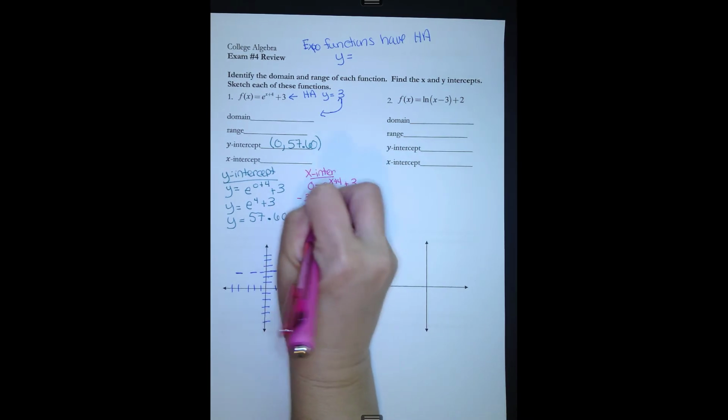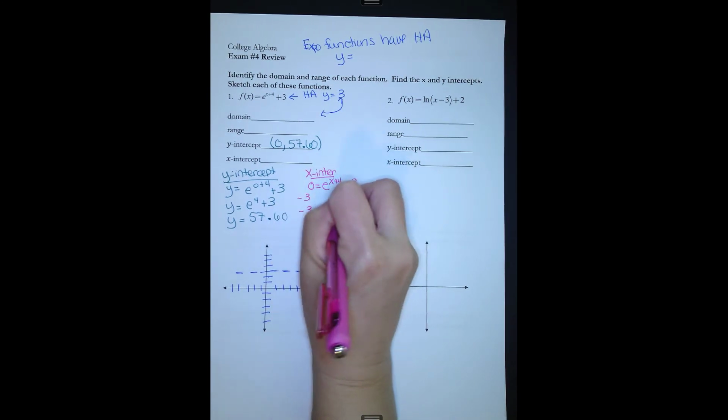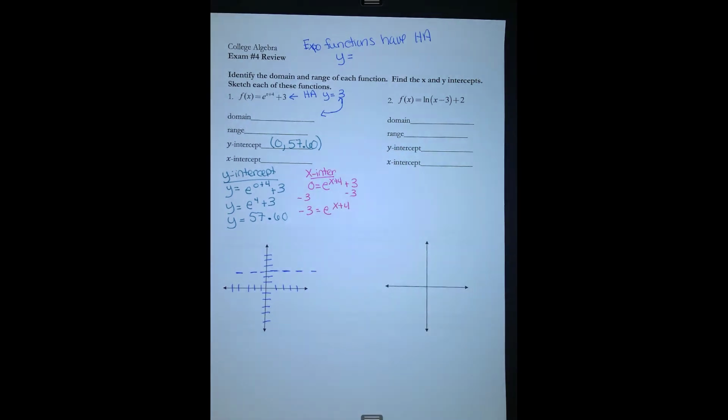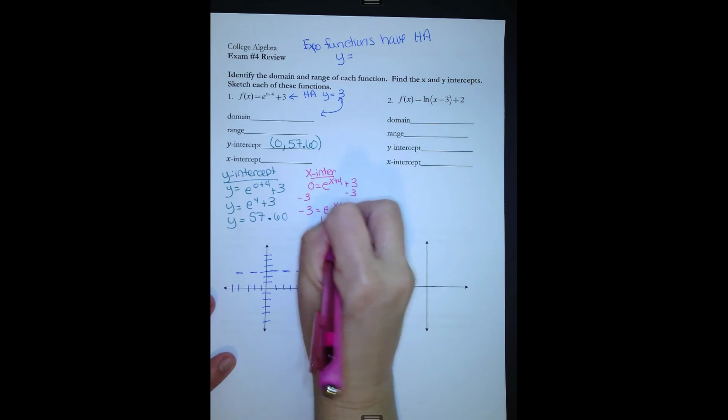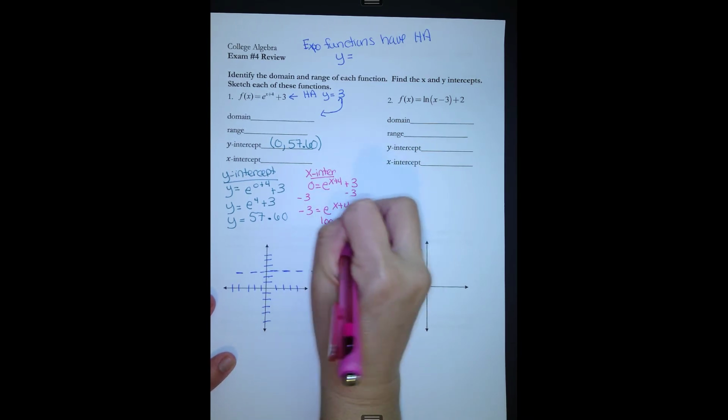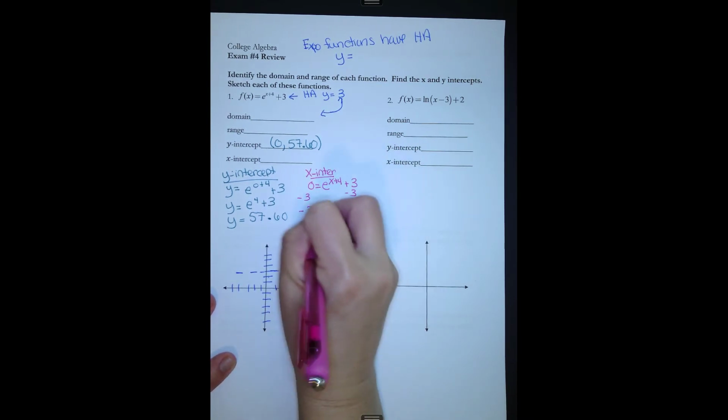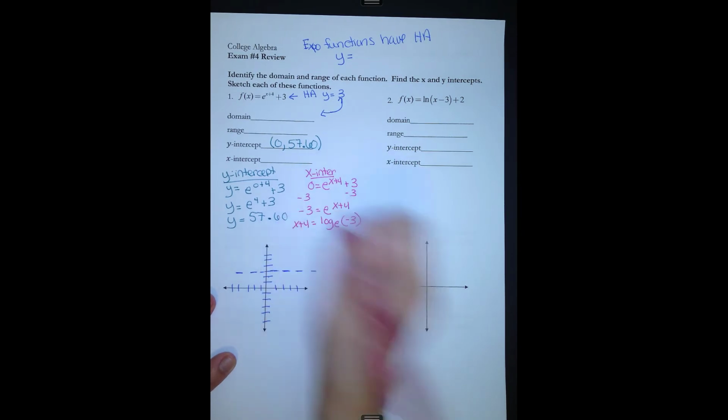So negative 3 equals e to the x plus 4. And then since this is an exponential equation, we're going to change it to a logarithmic equation. And our base is e. So this is log base e of negative 3 equals x plus 4.